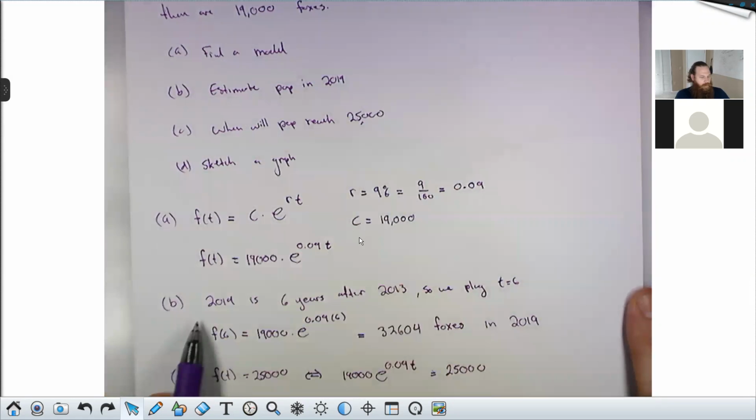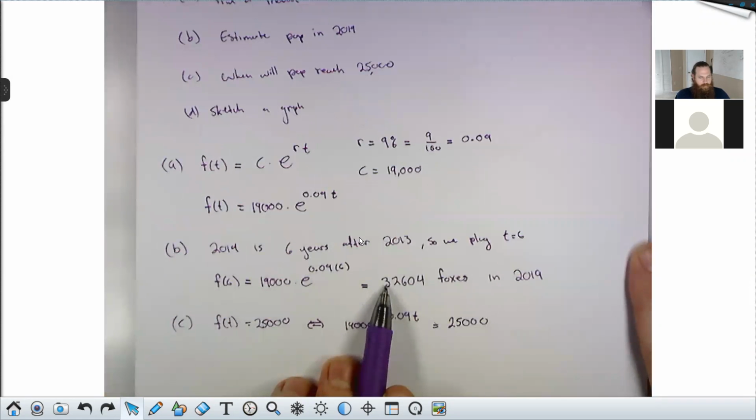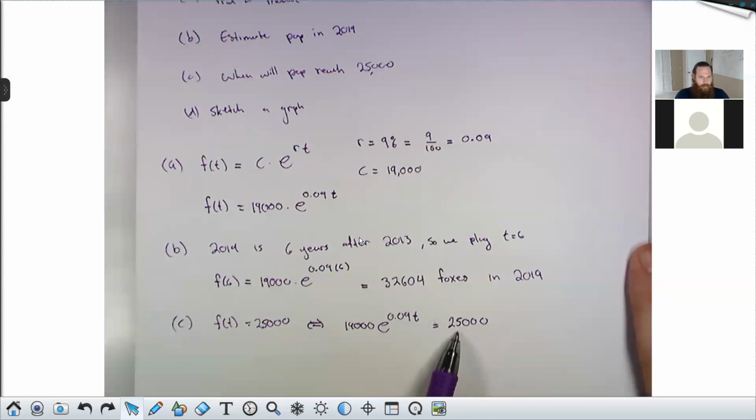And based on the answer we got in part B, I expect this t value to be less than 6, right? Because 6 years later, the population's at 32,000. And since this population is only growing, the year where it's going to be 25,000 has to be between 2013, when the population is 19,000, and 2019, when the population is 32,000.